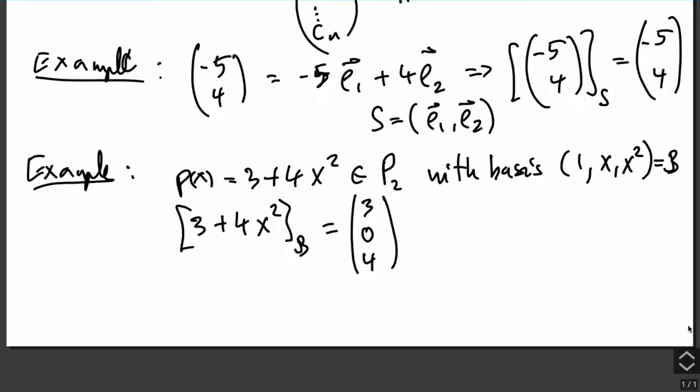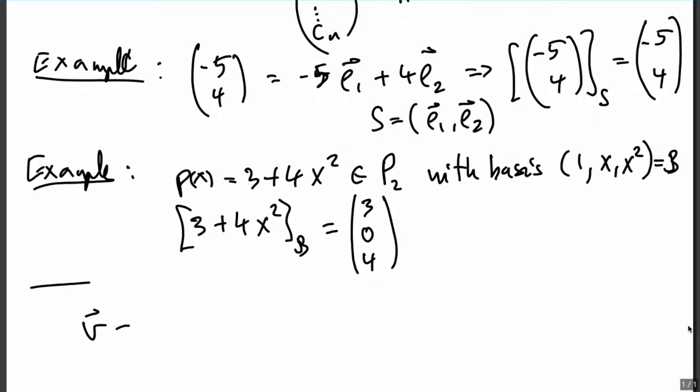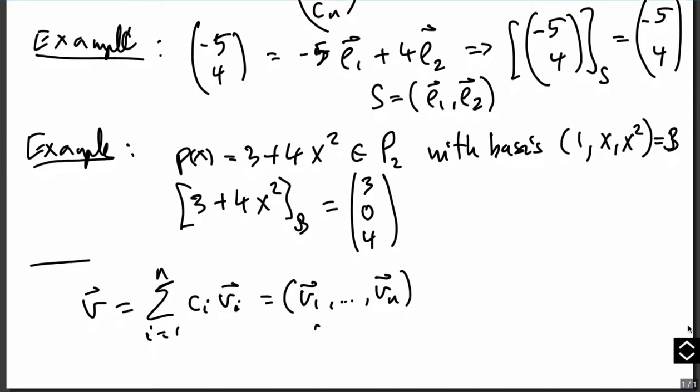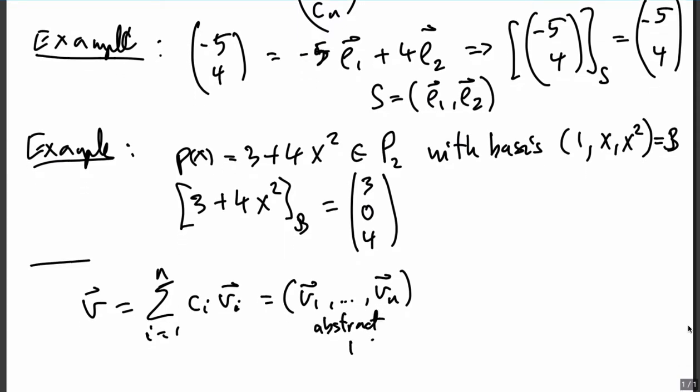So let's go back again to the general case where we have this linear combination of basis vectors. We looked at matrix-vector multiplication before, and we also looked at this representation before, where we put together these V vectors into a matrix. Well, this could be an abstract vector space. So really what we know now is that this is a possibly abstract 1 by n vector or matrix.